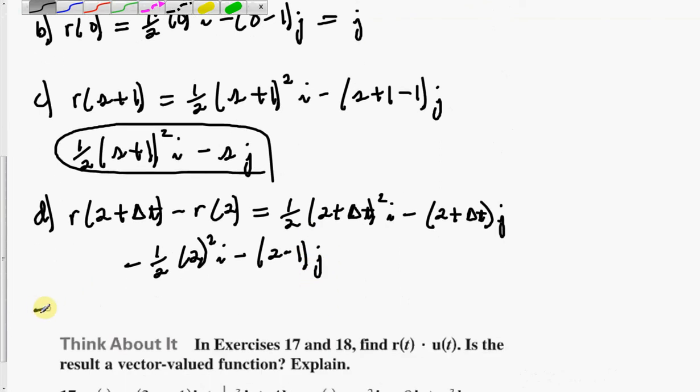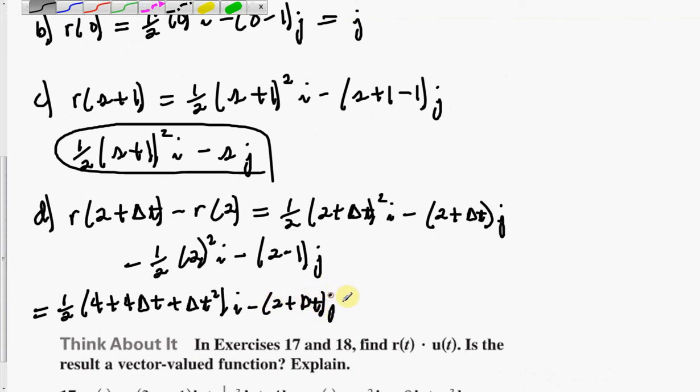Now we try to clean that up. So that first guy, we have to break all that down. So this is 4 plus 4 delta t plus delta t squared I minus 2 plus delta t j, and then this is minus 2I minus j.